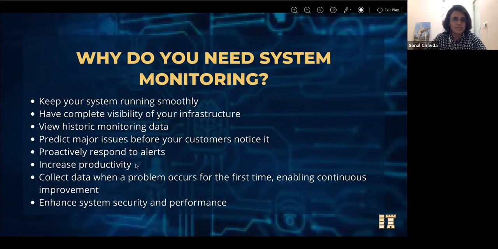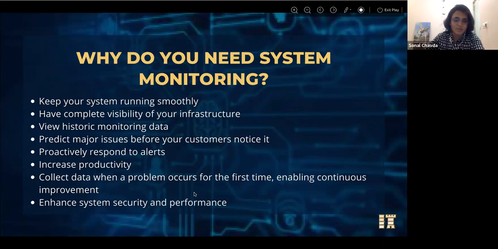Even though all these things are in place and we do a lot of monitoring, practically problems are still going to occur. Whenever a problem occurs for the first time, your monitoring system will collect the data, and it will help to improve things and avoid future problems.